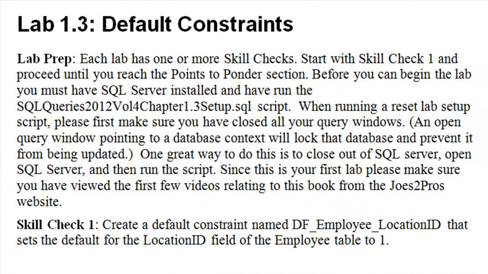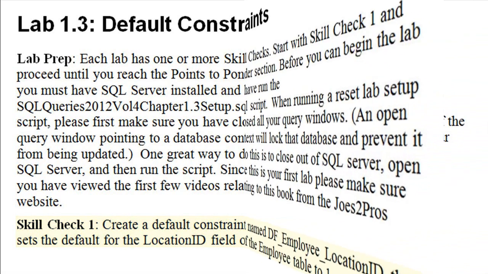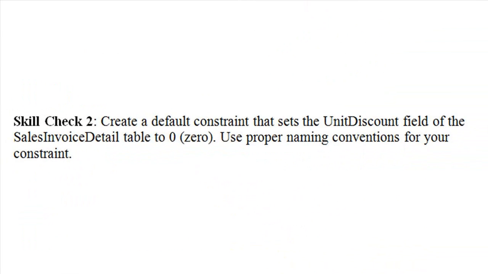Lab 1.3, Skill Check 1. Create a default constraint named df underscore employee underscore location ID that sets the default for the location ID field of the employee table to 1. Skill Check 2.